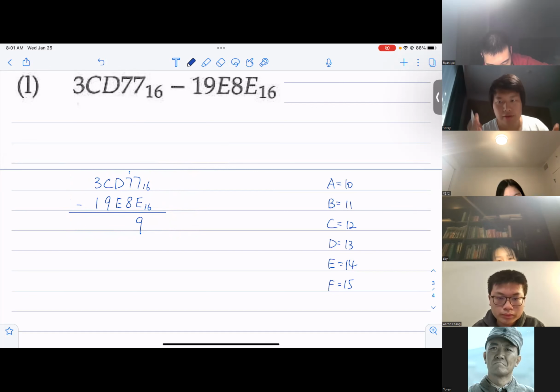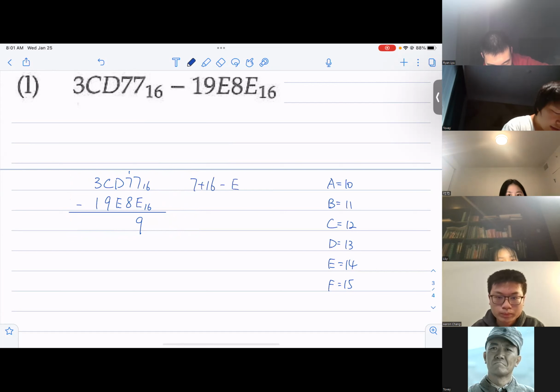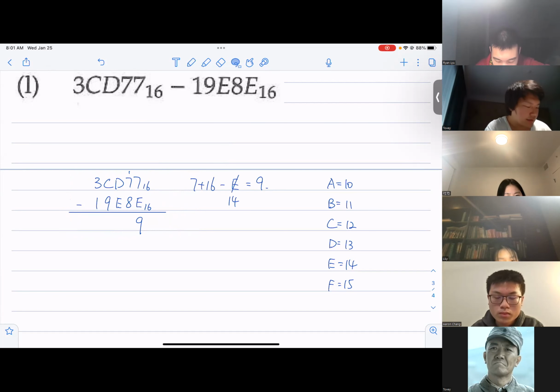In base number 12, you're borrowing 12. In base number 10, you're borrowing 10. In base number 8, you're borrowing 8. Same as addition, okay? So when you borrow one, it basically becomes 7 plus 16 minus E. And E is actually 14, right? So you can change this to 14, and you will see that it's 23 minus 14, that would be a 9. Okay? Okay, good. Let's do the next.